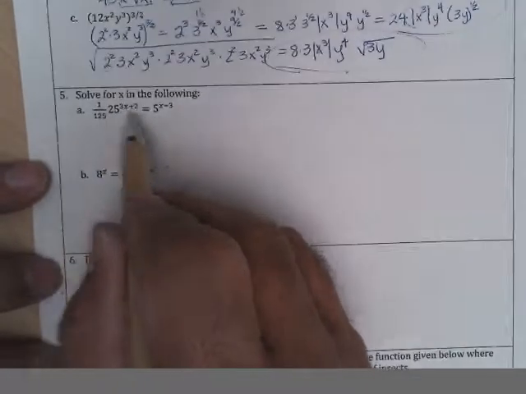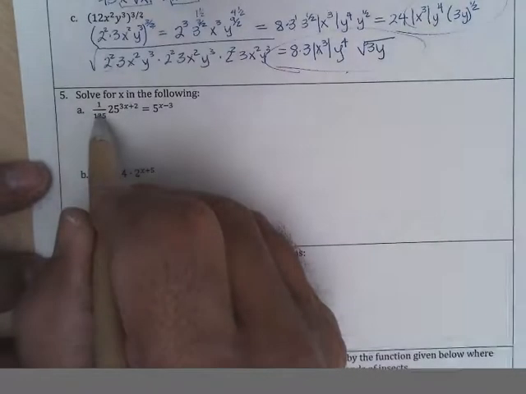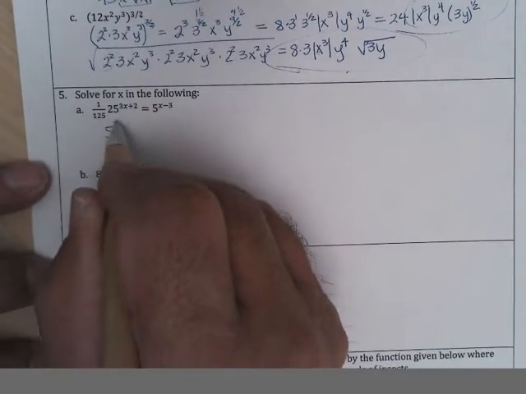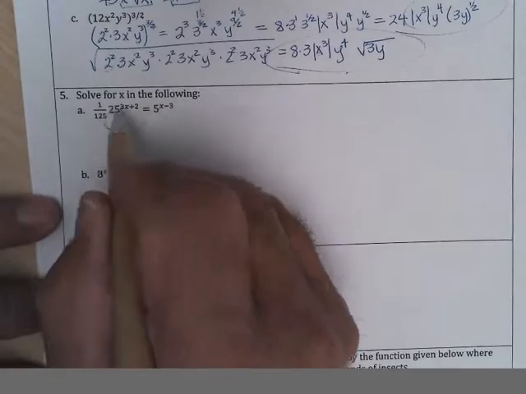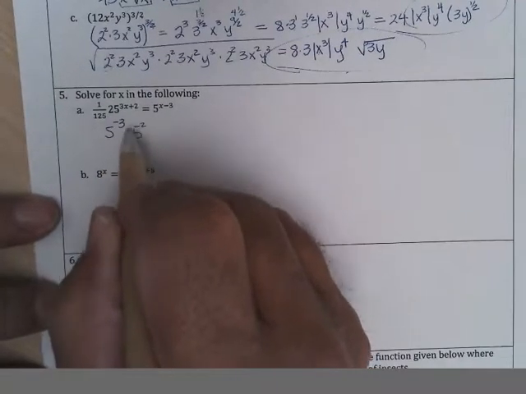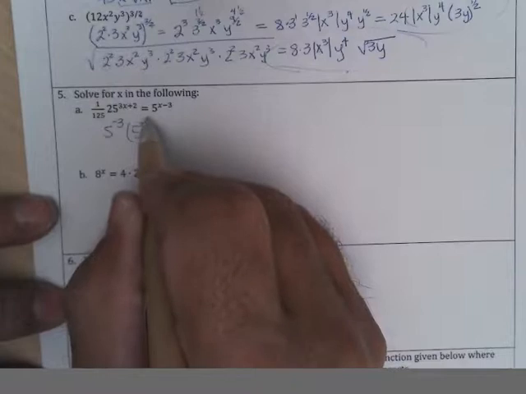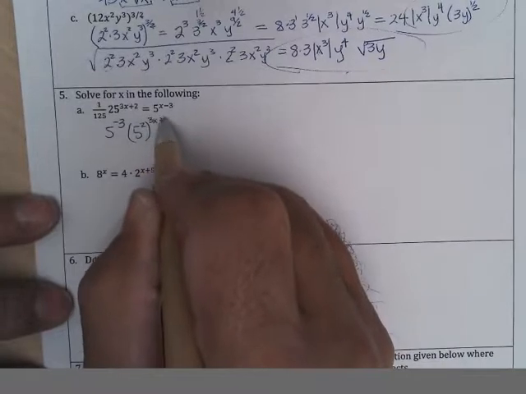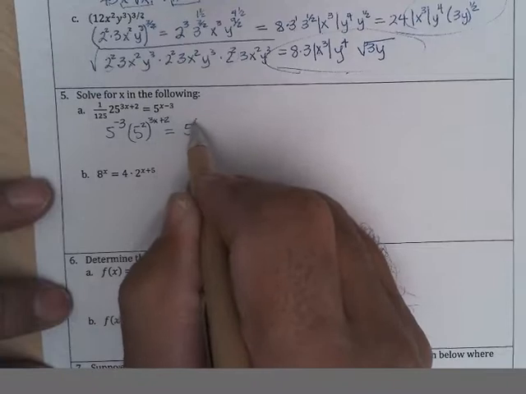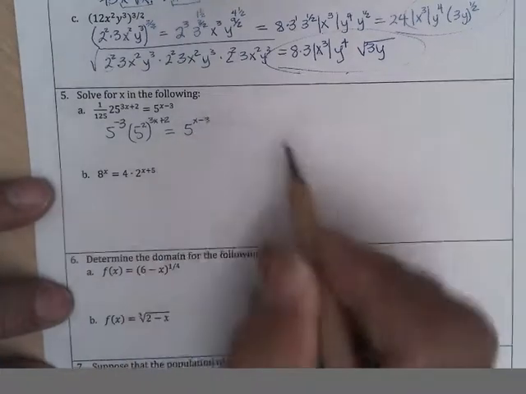So it looks like the common base here is 5. 125 is 5 to the third, but it's 1 over, so this is 5 to the negative 3, and this is 25, or 5 squared, to the 3x plus 2 equals, and this is already in 5, so it's 5 to the x minus 3.